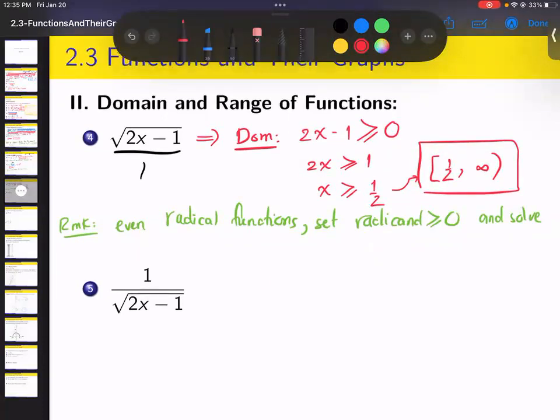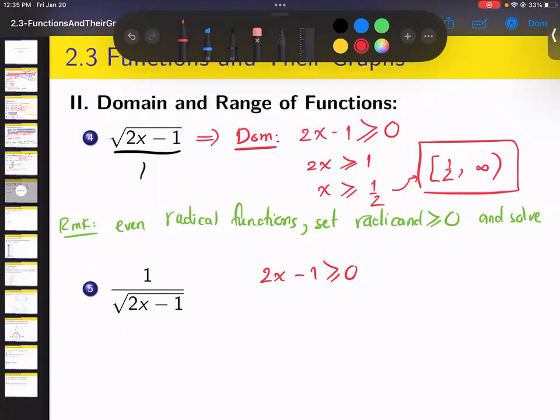The least you can do is say 2x minus 1 is greater or equal to 0, because it's a radical. What else? Can x be equal to 1/2? Can I include 1/2?